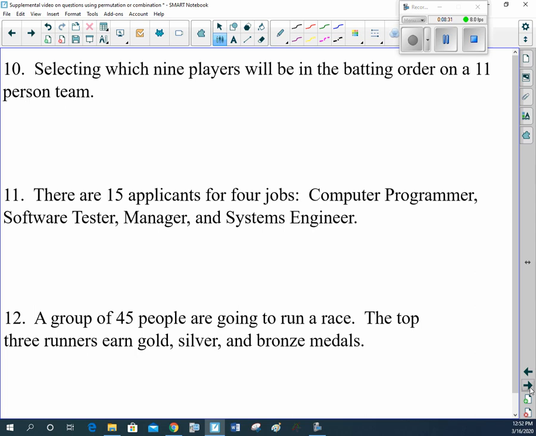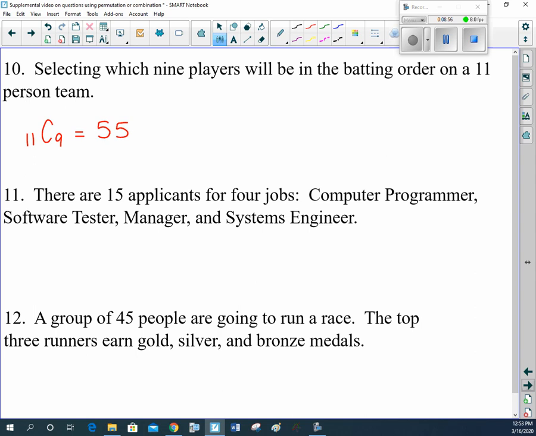It's not actually putting them in order yet. You're just selecting which 9 you want to choose. After that, you could change it to a permutation and go to order. But right now, they just want to get 9 players. So this would be 11 combination 9. We would type that in, and we'd end up with 55.